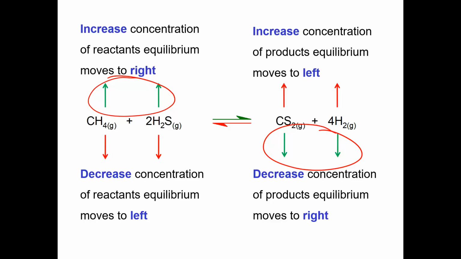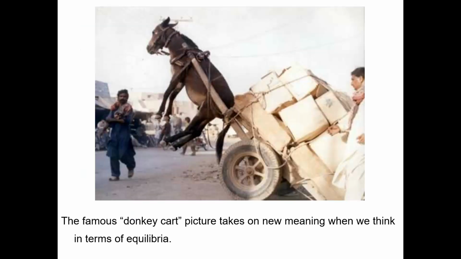Similarly, if we want the system to move to the left, we can add a product or remove a reactant, and the system will move to offset the change that we are making. So the key point here is whatever change we're making, the system will spontaneously shift in order to offset that change. If you consider this scenario here, the donkey's legs are off the ground.